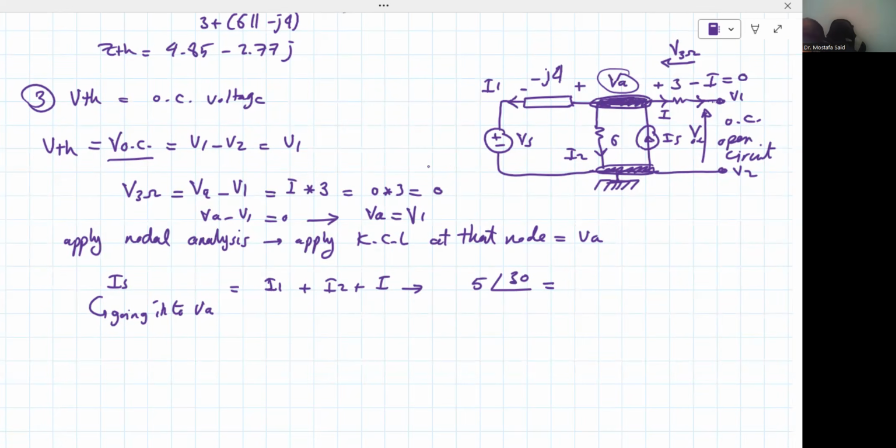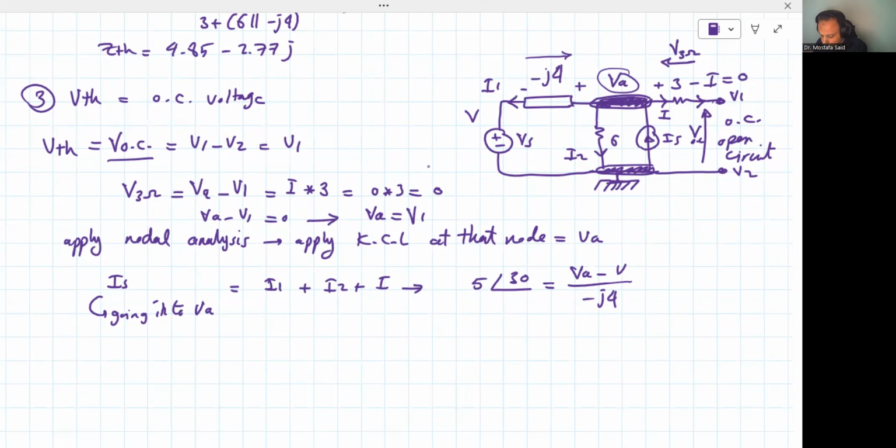So we need to find the voltage across this minus jX4 reactance. Let's call this node V, for example. So I1 is equal to VA minus V over the reactance minus jX4. We don't know V yet.